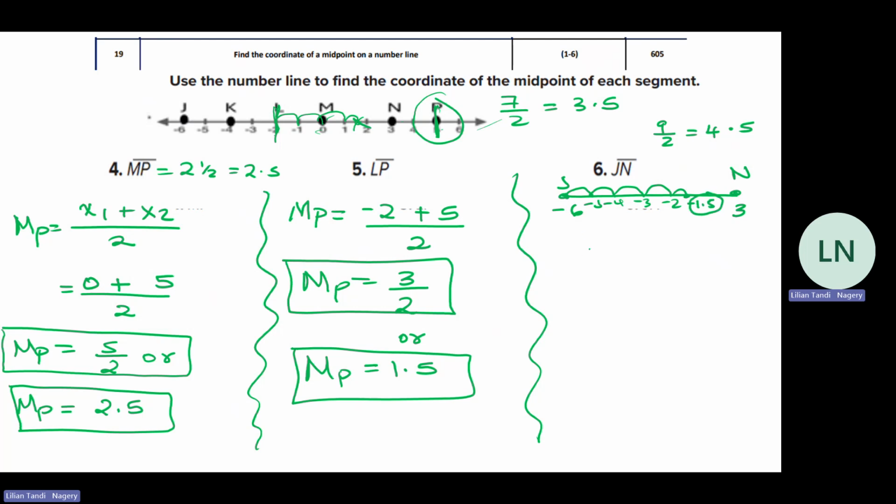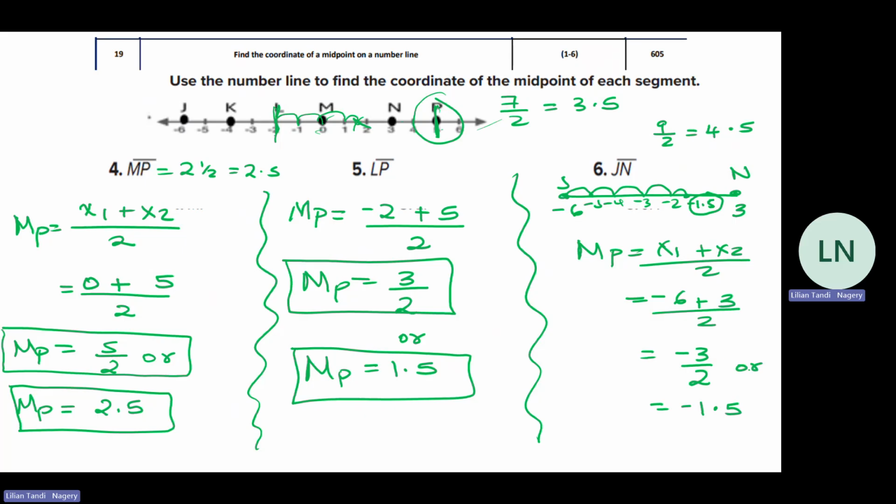Now let's check with the formula. So we have -6. MP equals x1 plus x2 divided by 2. -6 plus 3 divided by 2. -3 divided by 2 will give you -1.5.